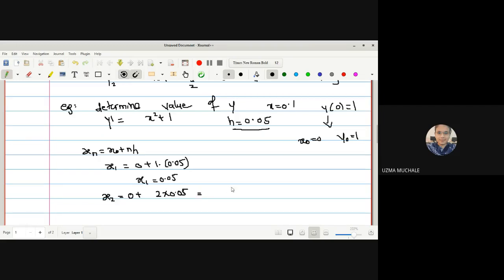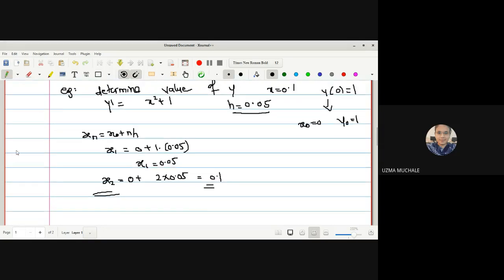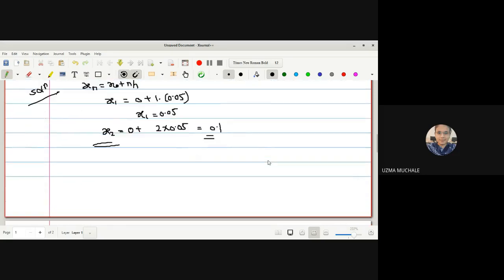What will be the answer? 2 into 0.05 will be 0.1. So for x2 we are getting 0.1, and for x equal to 0.1 we have to find the corresponding value of y.